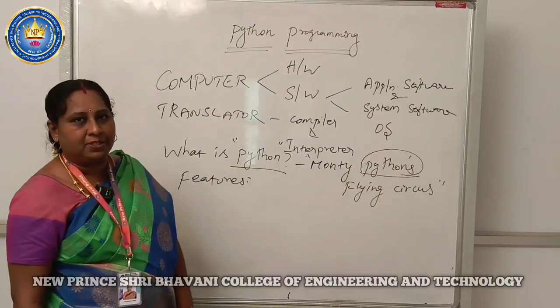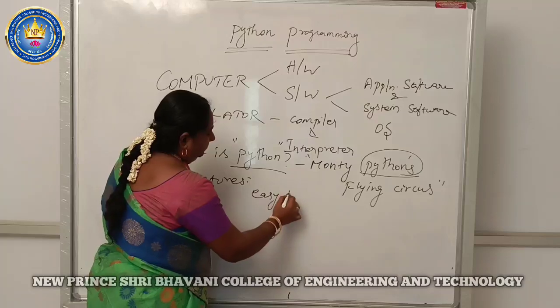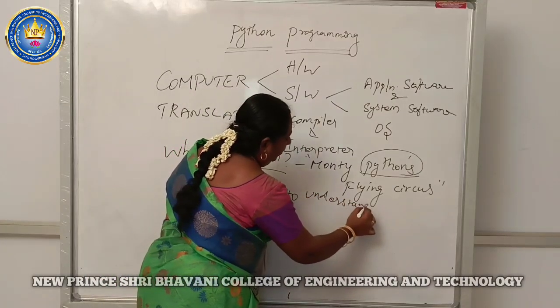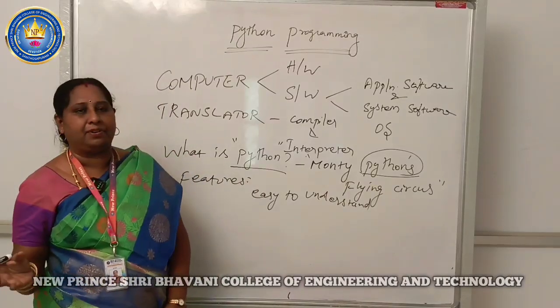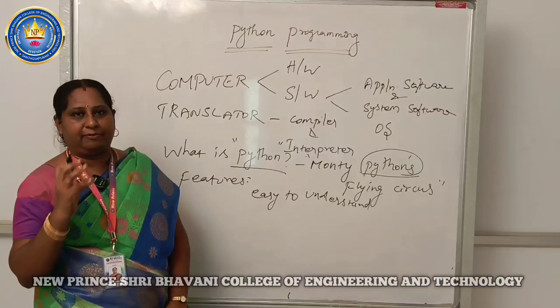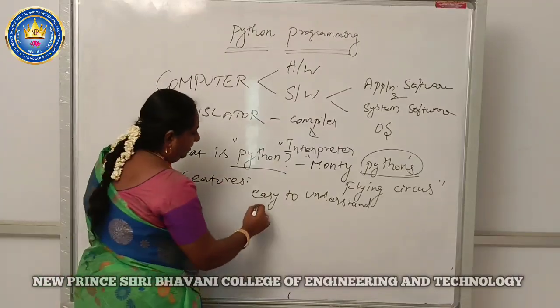Okay, now what are all the features of Python? First one, it's easy to understand. The coding is very simple, and there are no large number of statements. It's simple and easy, and a few lines of coding is enough to write a Python program. Easy to understand.